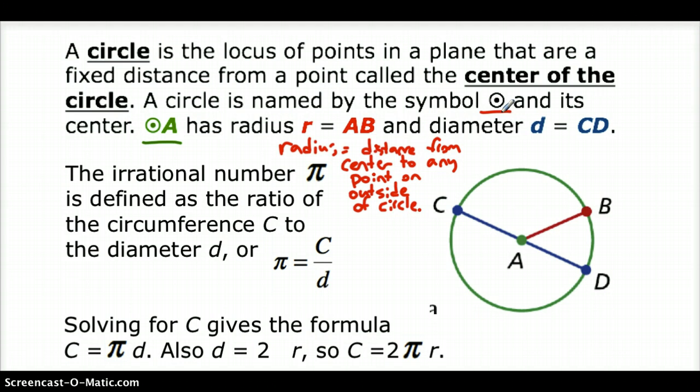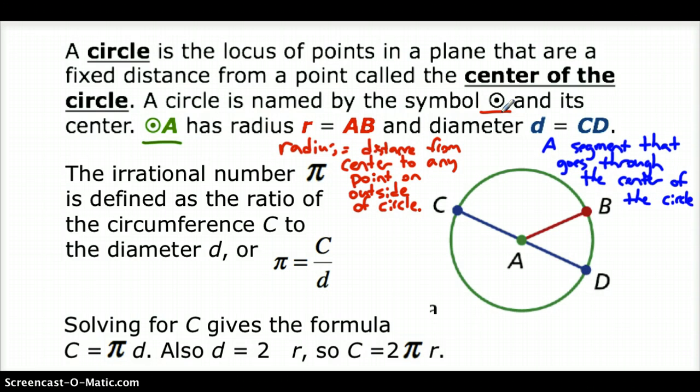And the diameter is going to be a segment that goes through the center of the circle and touches both ends of the circle, or the opposite ends of the circle, maybe is a better way to say that. Okay, we'll say touches the opposite ends of the circle.